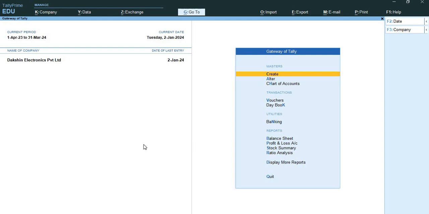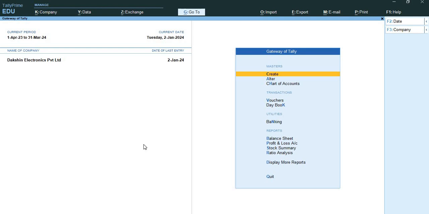Now, the next is what is TAN. TAN is the tax deduction and collection account number. It is a 10-digit alphanumeric character issued by the income tax department to all persons deducting tax at source. TAN has to be quoted in all relevant challans, tax deduction certificate, TDS return and other notified documents.